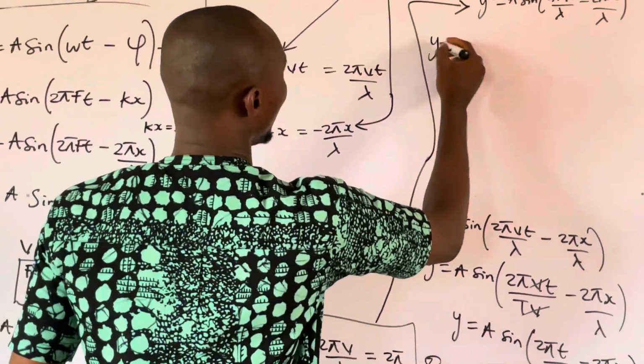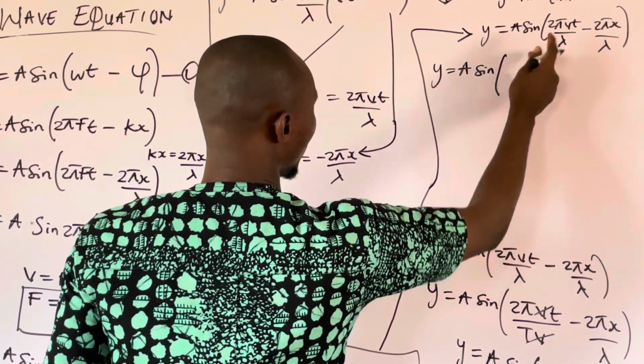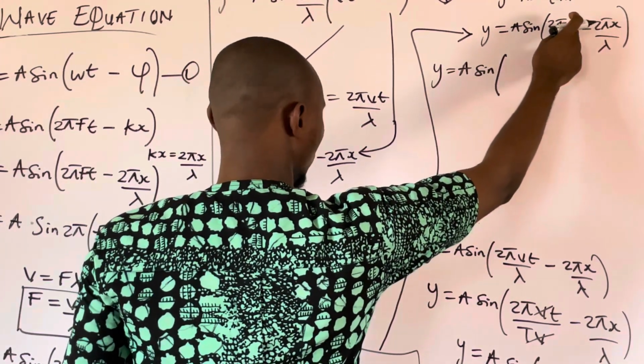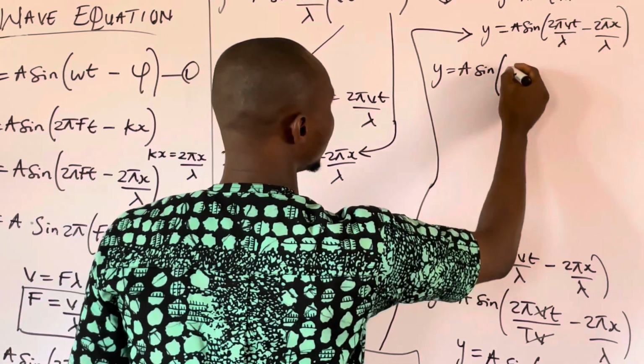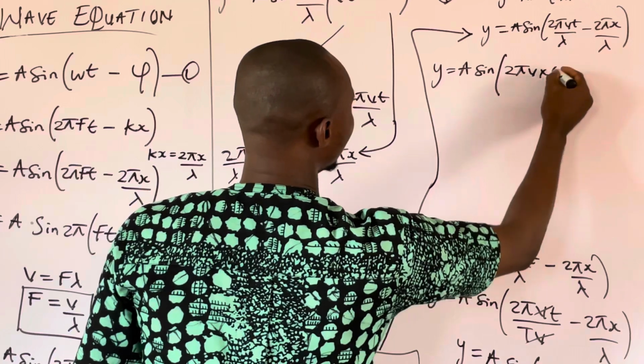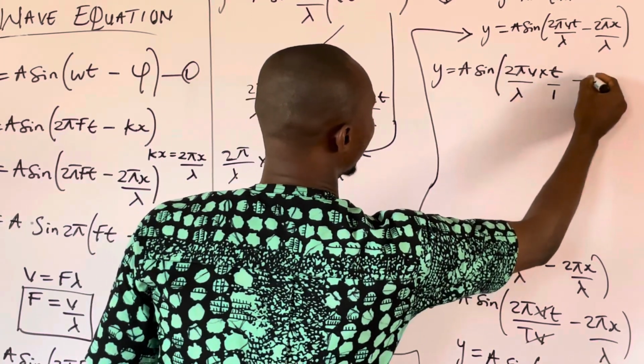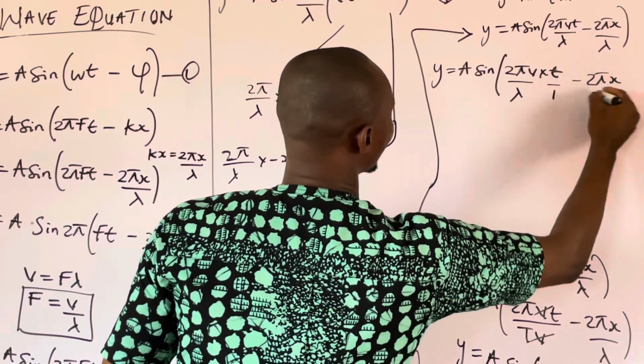So here y is equal to a sine bracket 2 pi v, that is this 2 pi v times t here over lambda, minus 2 pi x over lambda.